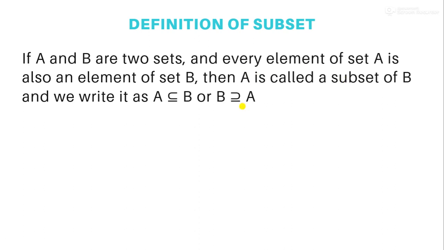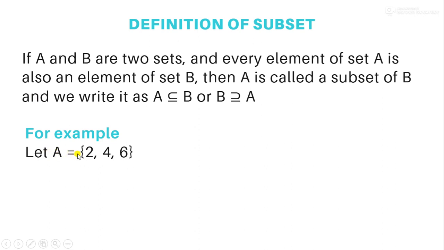So I am going to give you an example which helps you to understand the definition of subset in a better way. Consider we have a set A. Set A has three elements, that is 2, 4 and 6, and we have another set, set B, and in set B we have four elements that are 6, 4, 8 and 2.